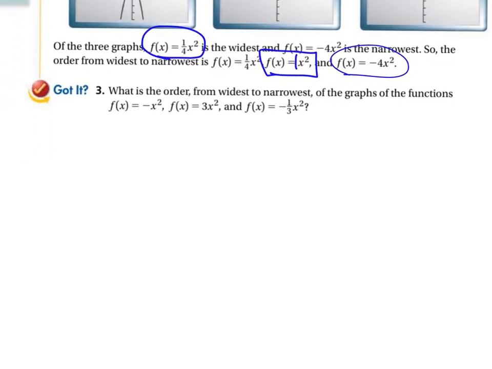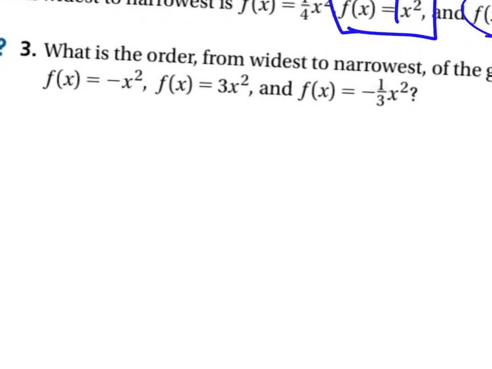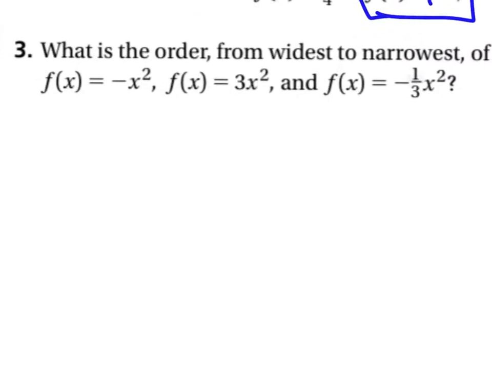So the guided problem 3, similar idea here. They want us to put these in the order from the widest to the narrowest. Once again, if you don't see a number in front of the x squared term, we can put a 1 there. So the widest graph is going to be the negative 1/3 x squared.